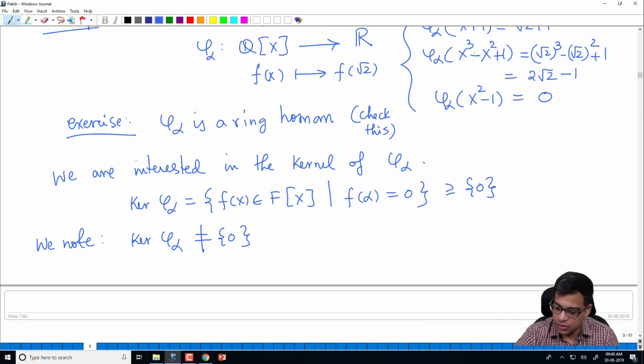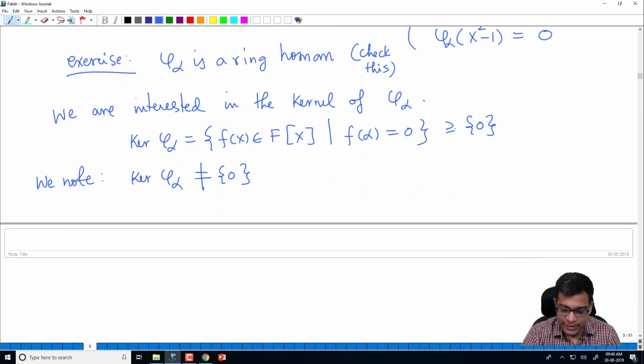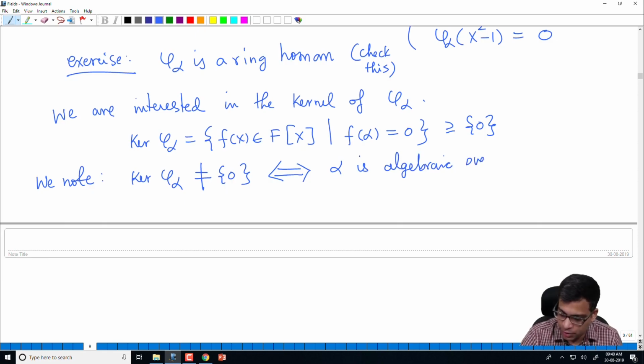Kernel is an ideal, so it contains 0. It is non-zero, meaning it is strictly bigger than 0, if and only if alpha is algebraic over capital F. This is very easy because kernel being non-zero means there is a non-zero polynomial which has alpha as a root, so it's algebraic.